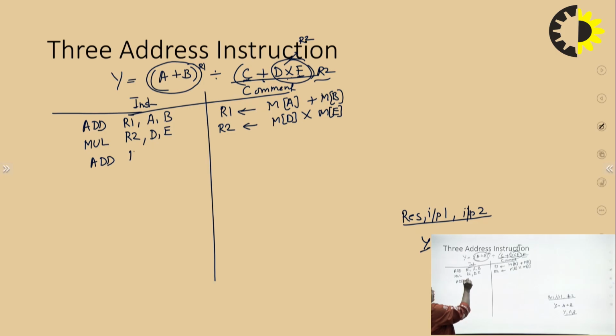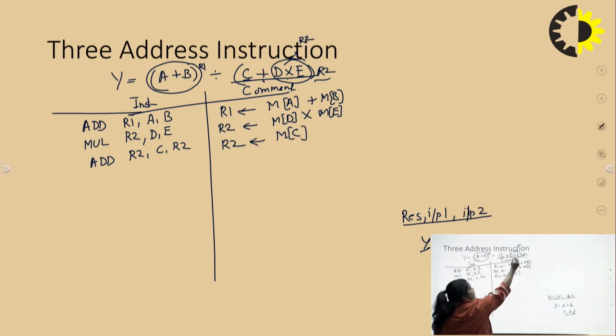So you can write it here: ADD R2, C, R2, meaning R2 = M[C] + R2. Now all of C plus D into E will be stored in R2.